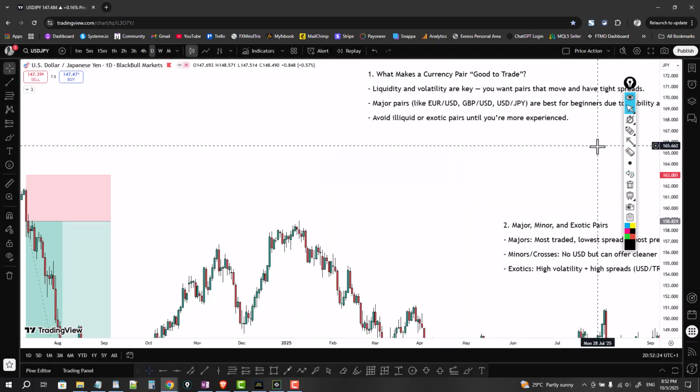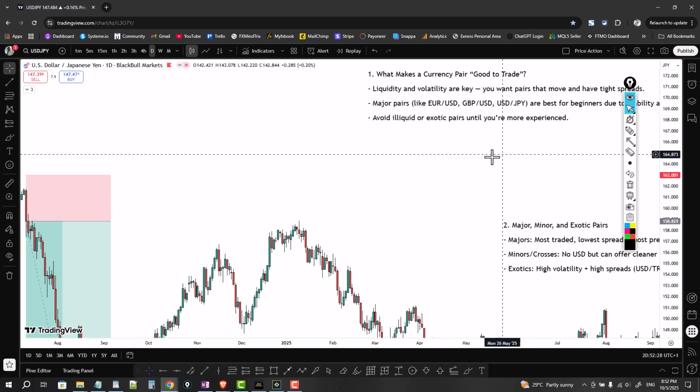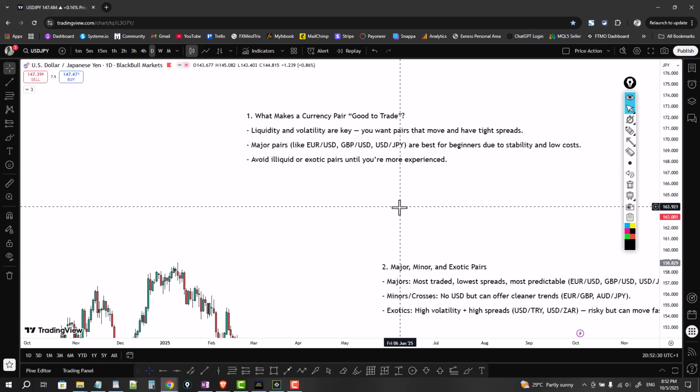Now the second one is you need those currency pairs to actually be one of the majors. The reason is because when you're trading a major currency pair, because they are very liquid and they tend to also be very volatile, brokers tend to offer the best trading conditions they can to attract people to trade those currency pairs with them.